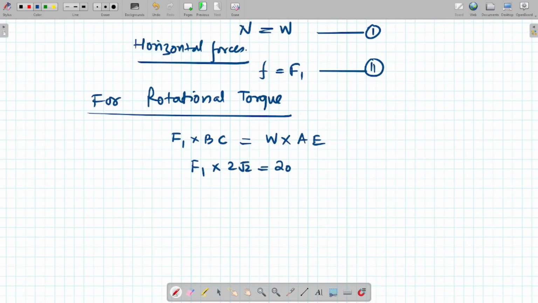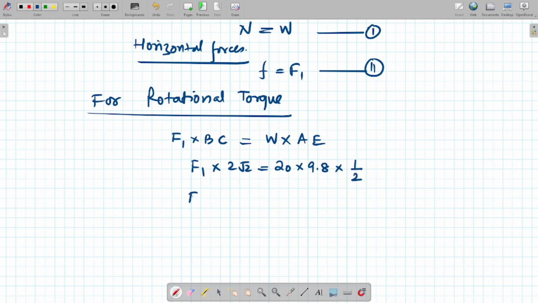Now here 20 kg means we have to also multiply it by 9.8, mg, and multiplied by AE. What was my value of AE? So AE will be 1 by 2 meter, right?